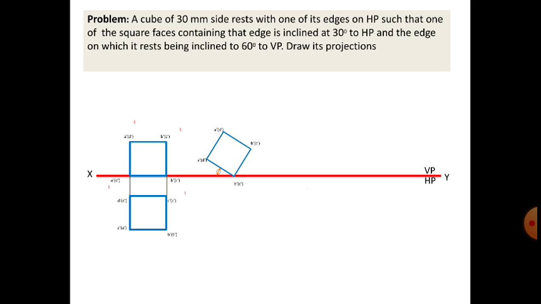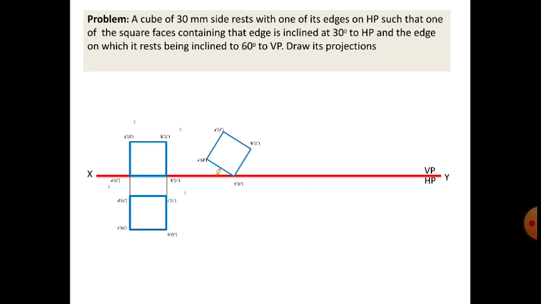Once we have inclined the object to 30 degrees, we have turned the view. We have toppled the object at 30 degrees in such a way that it is resting on one of its edges, the B dash C dash edge, making an inclination of 30 degrees.